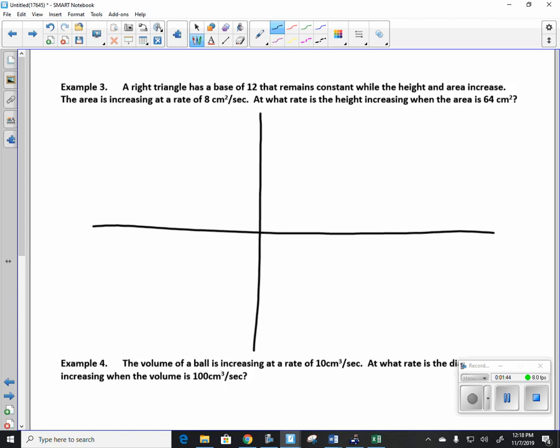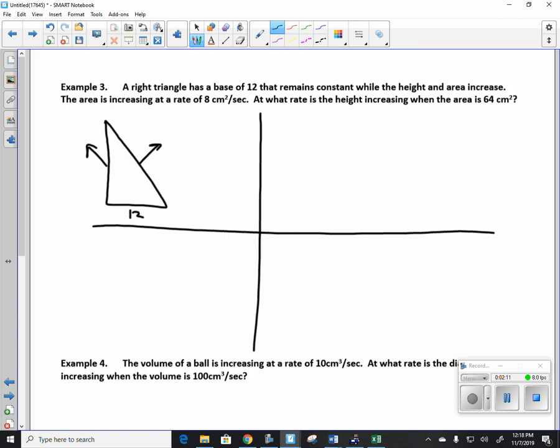In this box, I like to model the problem. I know that the triangle is getting bigger, but I also know that the base remains the same. That's very important in this problem.